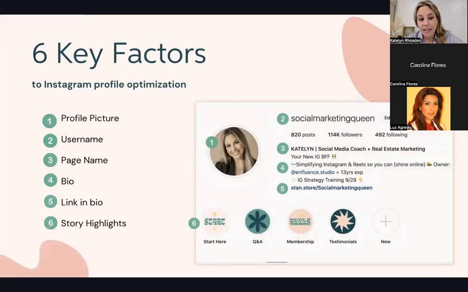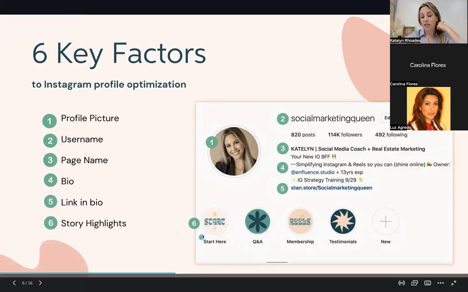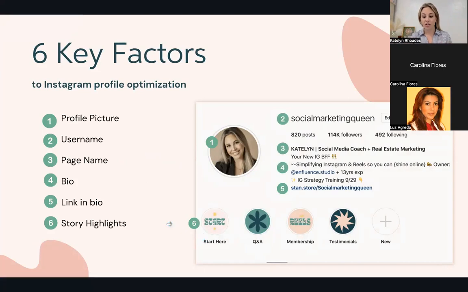So there's 6 key factors that you should optimize on your profile when you're filling everything out. So if you guys have your phone near you and you're able to, I'd love for you to grab your phone and pull up the Instagram app. And you're just going to see your home profile there.